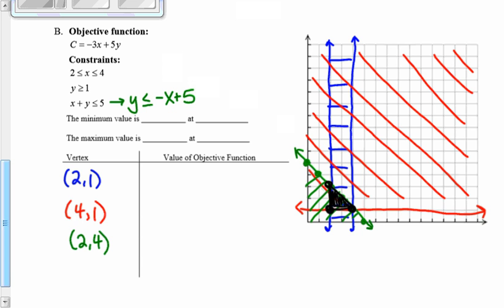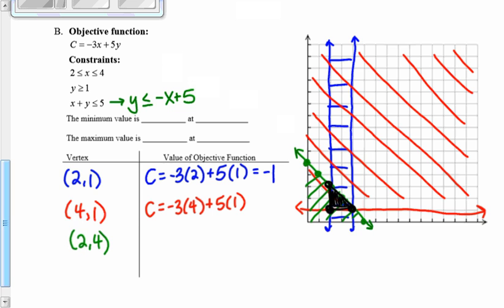And now I'm going to go ahead and test all of these in my new objective function. So C equals negative 3 times 2 plus 5 times 1. So that would be negative 6 plus 5, which is negative 1. Then for the vertex of (4, 1), C equals negative 3 times 4 plus 5 times 1.